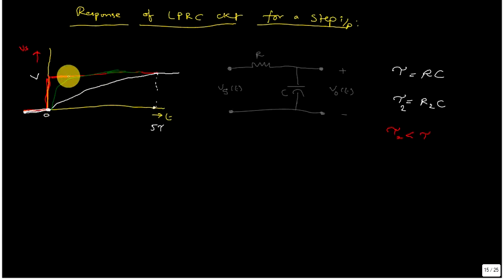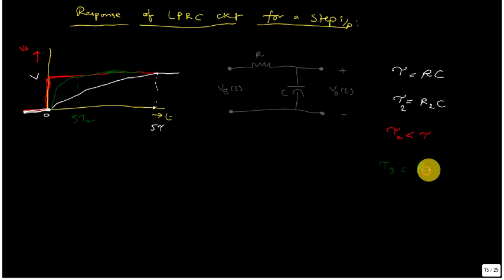Whereas to reach the final value it requires 5 time constants, that is 5 into tau 2, but tau 2 is very small, so 5 into tau 2 is very small compared to 5 tau. So this is 5 tau 2. And if you change the C value instead of changing R, you may get tau 3.